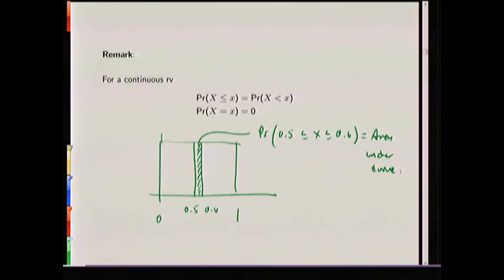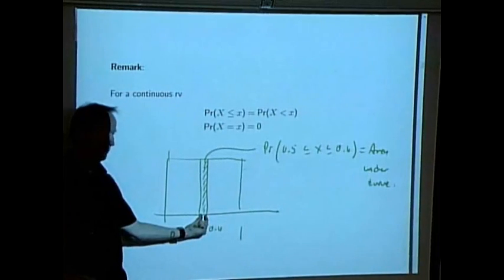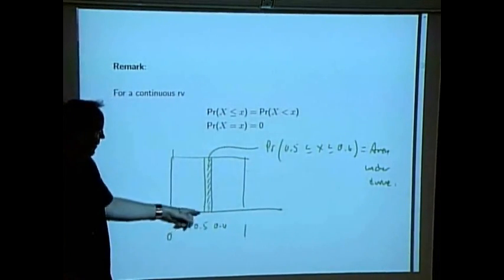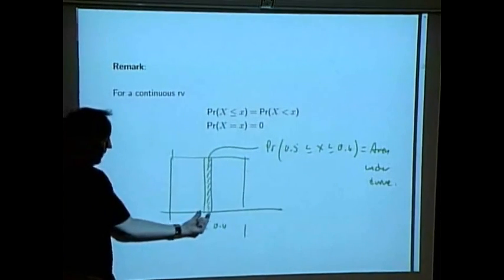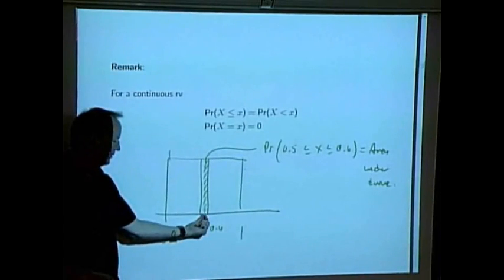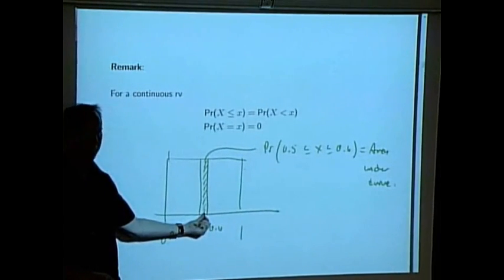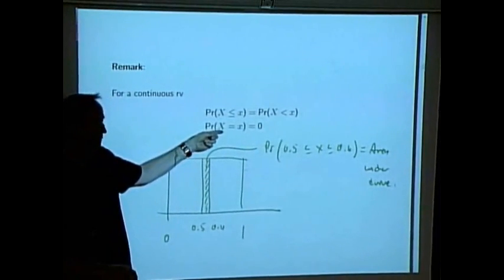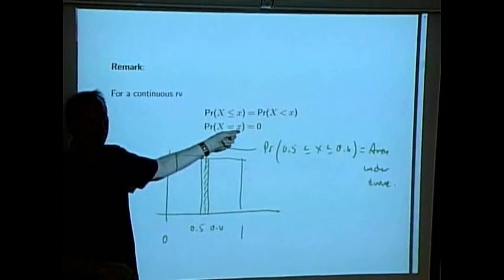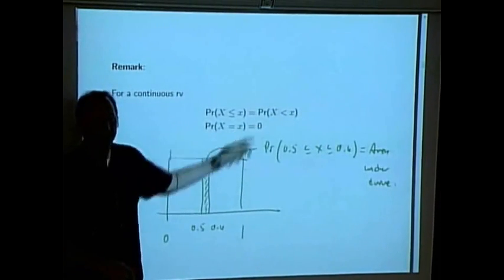Okay. So what happens if we consider the probability as this interval gets smaller and smaller and smaller? So the idea is we want to think of what's the probability at a single point. So if we squish this rectangle such that we just get a single point, what's the area associated at a single point? It's 0. So with a continuous random variable, the probability that a continuous random variable is exactly equal to a particular point is 0.